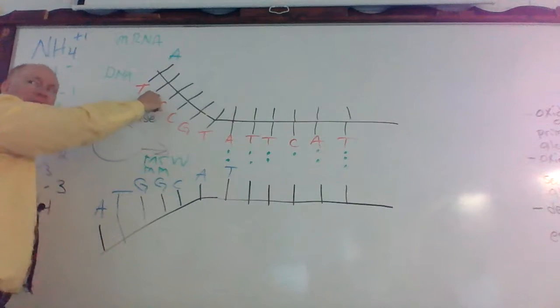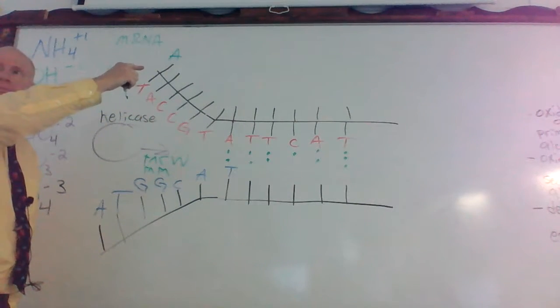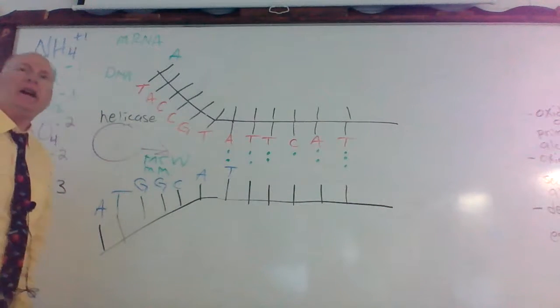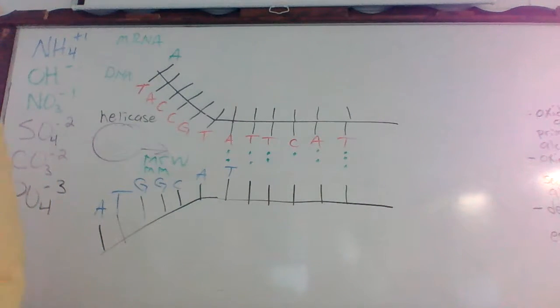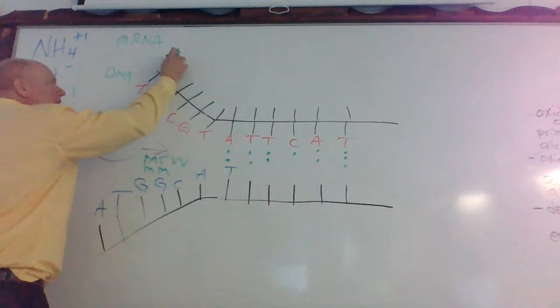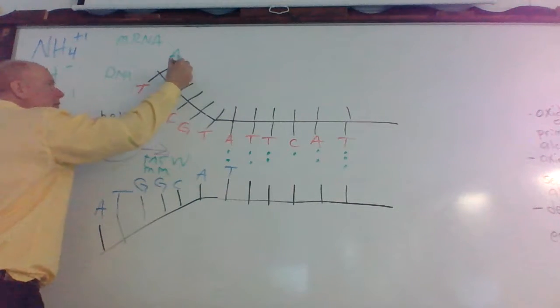Thymine, but think again. If I just tell you, you're going to say, God, I knew that. You just said it no more than 2 minutes ago. Why is it uracil? RNA does not have thymine. The chemical makeup is uracil instead of thymine. So it goes A, then U.